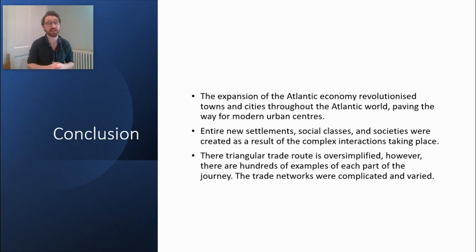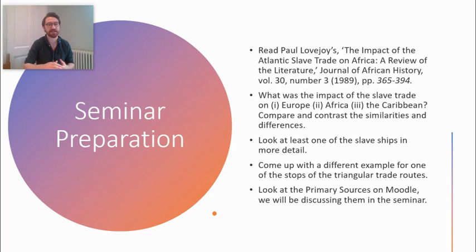But as a result of the slave trade, the entire Atlantic is transformed. These port towns and industrial centers expand. People move from rural areas where they traditionally lived in the medieval period, and urban centers become the places where people live. And that has defined modern civilization and how we live today.